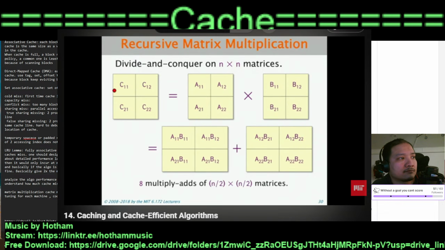And then each quadrant of the output matrix is just going to be the sum of 2 matrix multiplies on n over 2 by n over 2 matrices. So C11 is going to be A11 times B11 plus A12 times B21. And then we're going to do this recursively. At every level of recursion, we're going to get 8 multiply adds of n over 2 by n over 2 matrices.